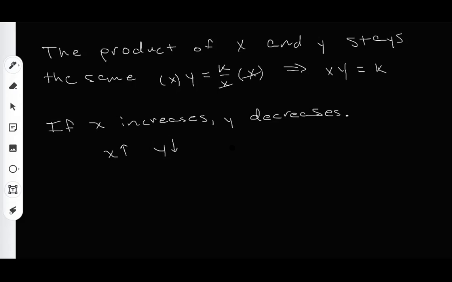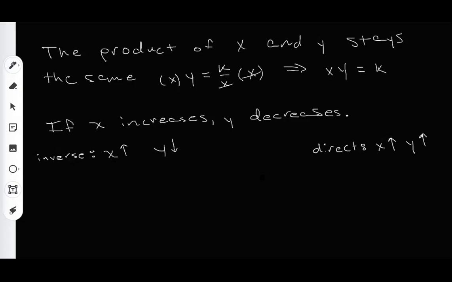So that's called an inverse variation or an inverse relationship. Now, what we saw with direct variation last time was if x increases, y also increases. But when we're talking about inverse variation, we get that sort of opposite relationship between x and y.